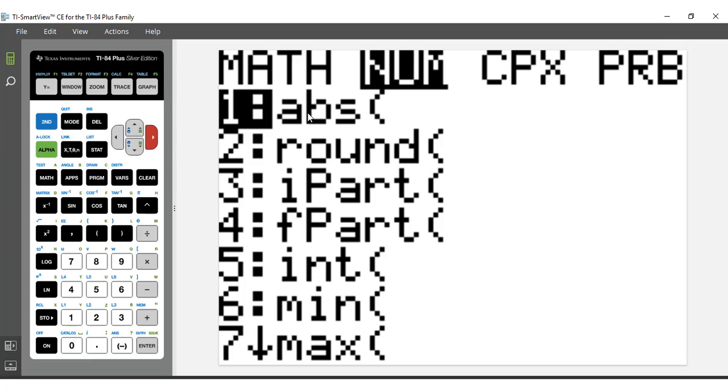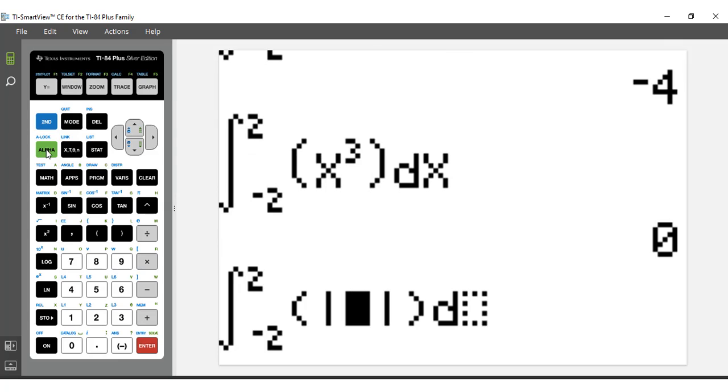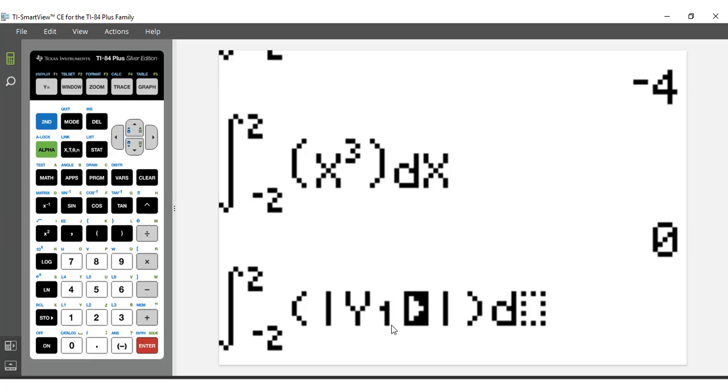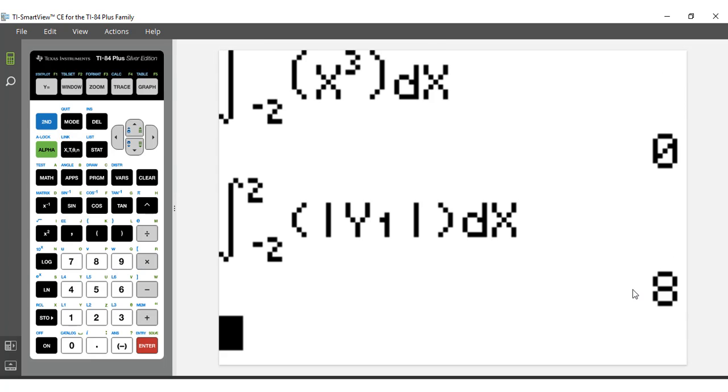The first one, abs, is absolute value. Then I will put alpha trace, Y1 is x to the third power. Then I put here is x. Then enter. They will give you 8.